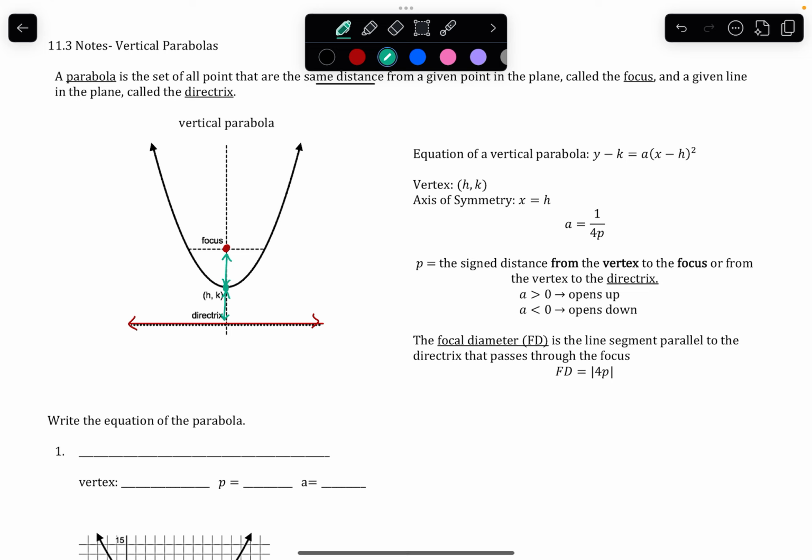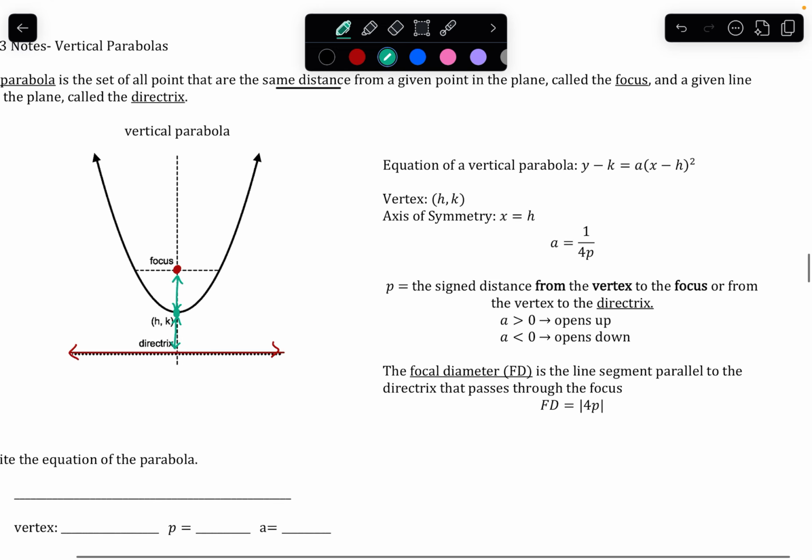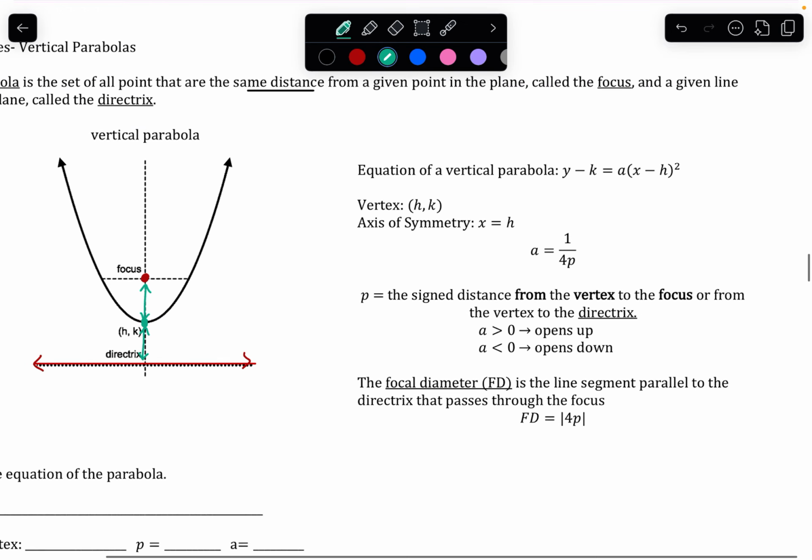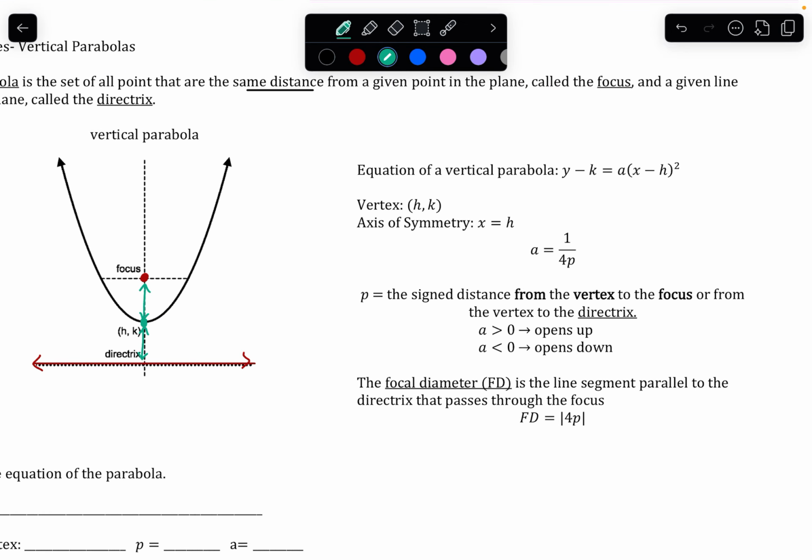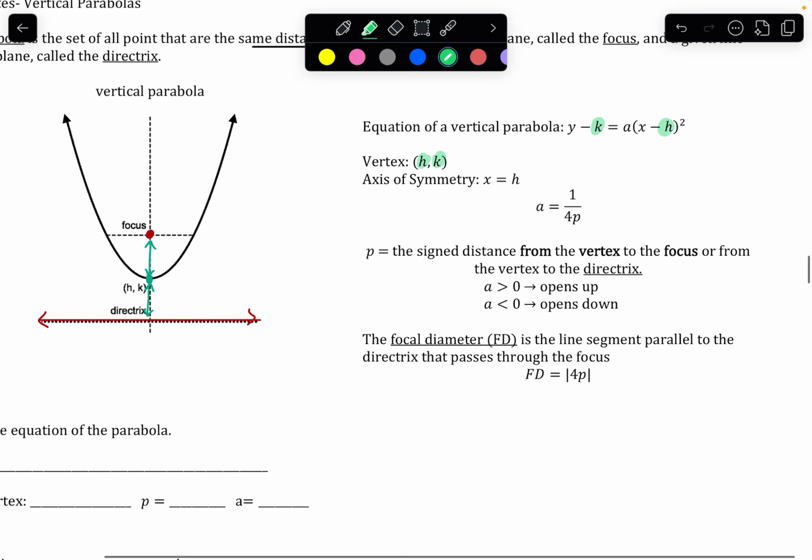Our equation for the parabola looks similar to vertex form if you're remembering our quadratics unit, where h is the x-coordinate of the vertex and k is the y-coordinate of the vertex. Whatever is hanging out with y, that's always going to be your y-coordinate, and you take the opposite. And whatever's hanging out with x, that's going to be your x-coordinate. Again, take the opposite because you're seeing these minus signs. These minus signs mean opposite.